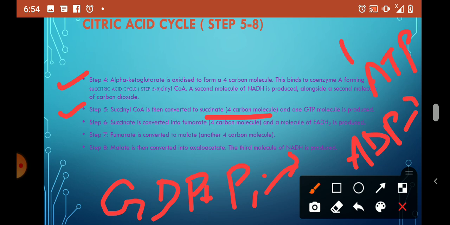One molecule of ATP is formed indirectly in this reaction, and GTP changes back into GDP as the phosphate group is attached to ADP to form ATP.